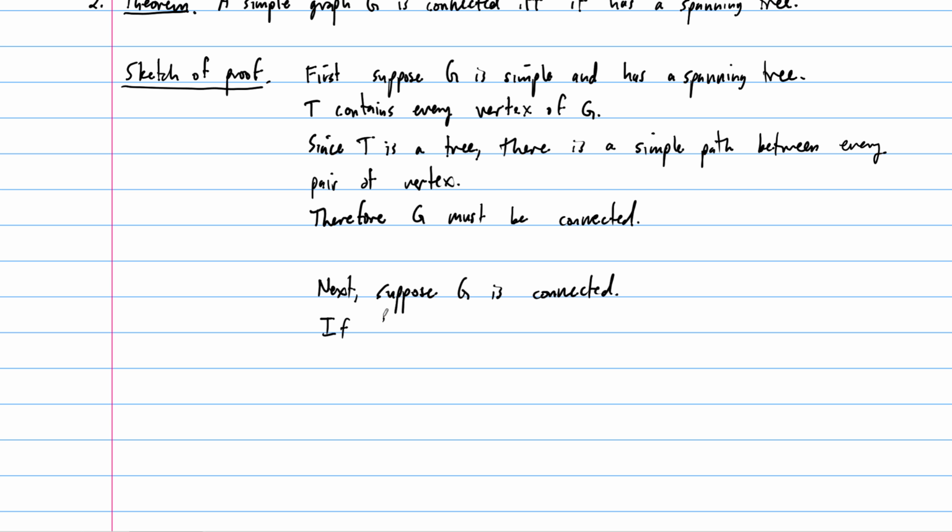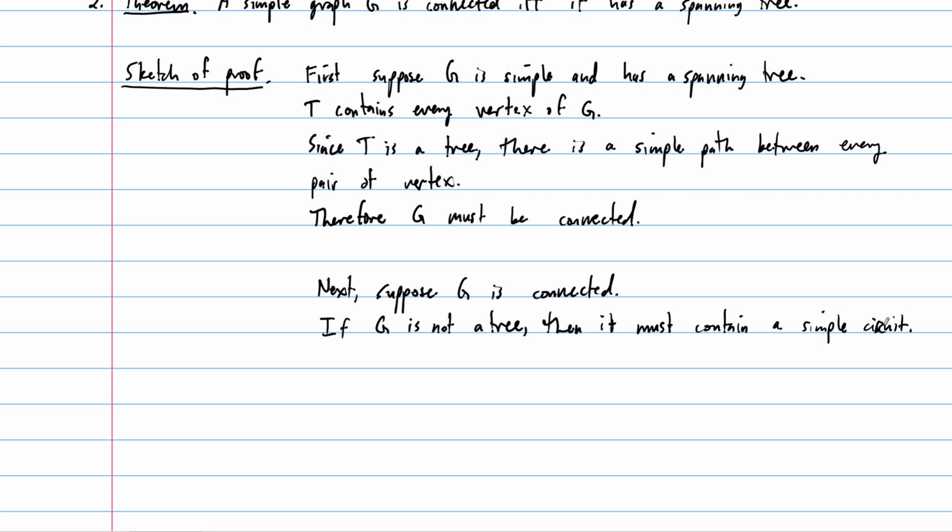So let's just say if G is not a tree, then it must contain a simple circuit, right? Remember, that's part of the definition of a tree as well, that it doesn't contain a simple circuit. So if it's not a tree, then it does contain a simple circuit. It's a simple graph, so the simple circuit is kind of redundant here, but it's important, though, that it contains a circuit.